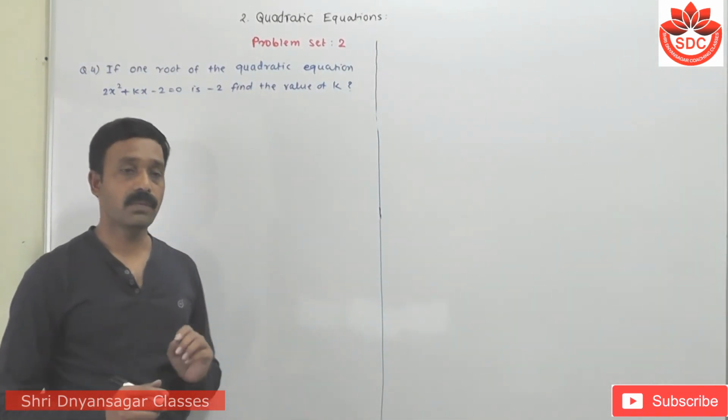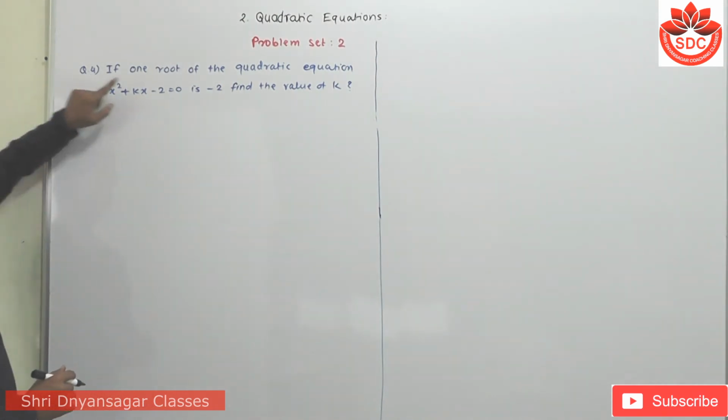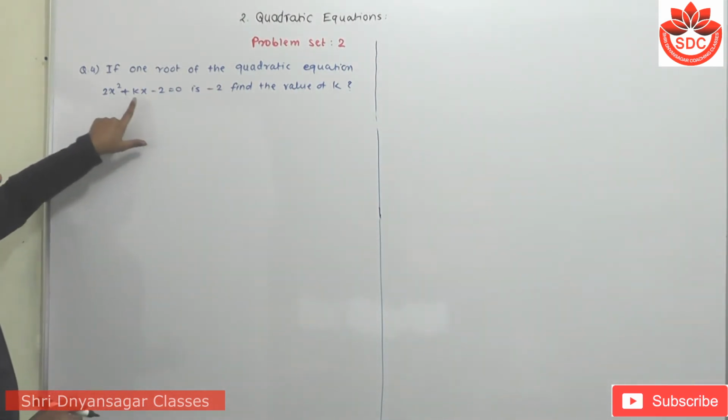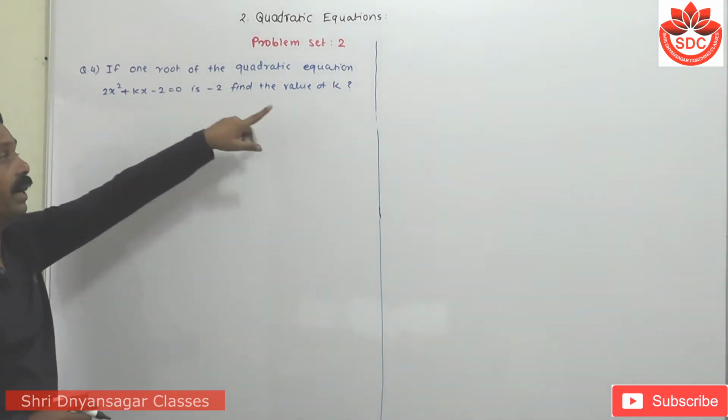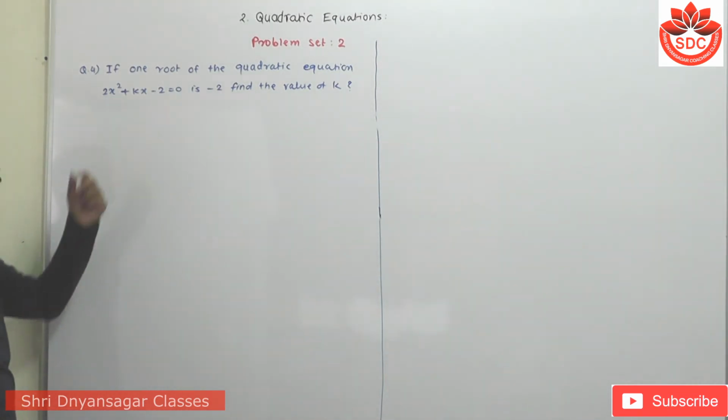Next question, question number 4: if one root of the quadratic equation 2x square plus kx minus 2 is equal to 0 is minus 2, find the value of k. Now here one root of the equation is given.